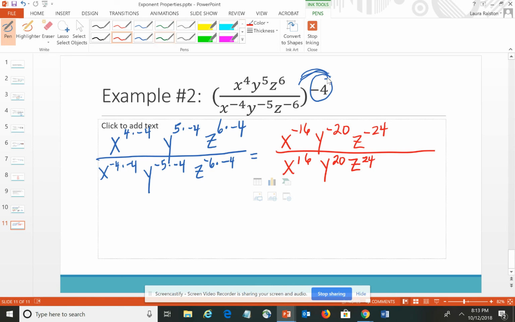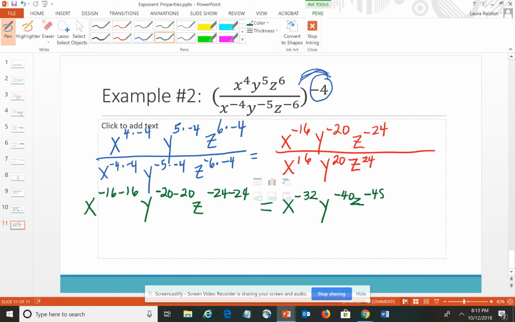So since it's division, we then use the rule that says you subtract the exponents. So I'm going to have x to the negative 16 minus 16, y to the negative 20 minus 20, z to the negative 24 minus 24, which gives me x to the negative 32, y to the negative 40, and z to the negative 48.